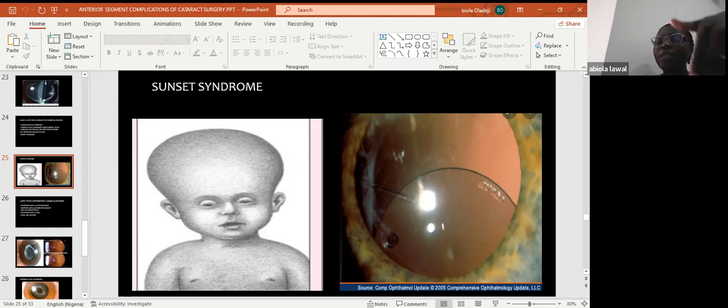The inferior haptic can pass through a weak zonule and subluxate inferiorly, giving it an appearance like a sunset. So it's just a good description of what is happening in the eye. The sunset eyes are also seen in hydrocephalus, and that's where that eponym came from.